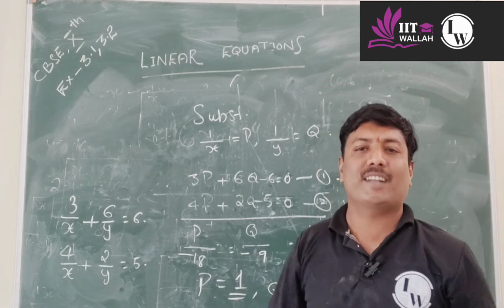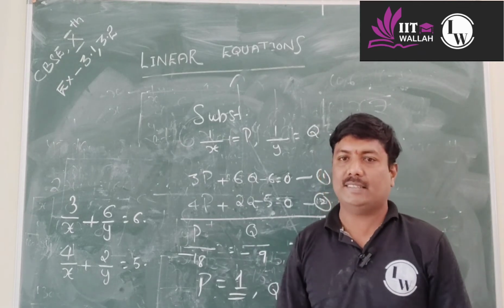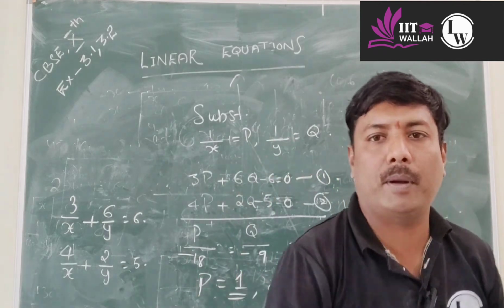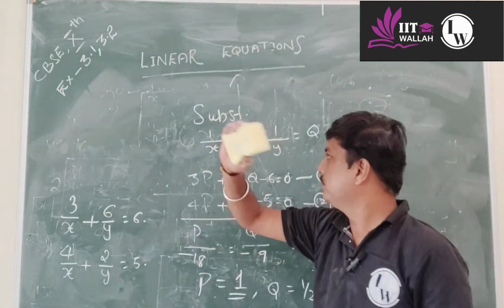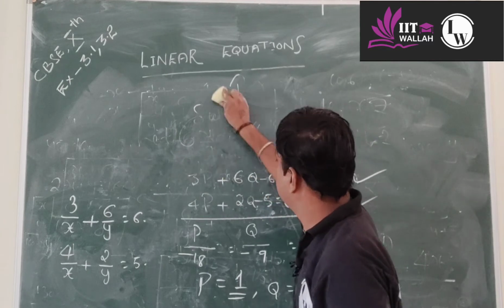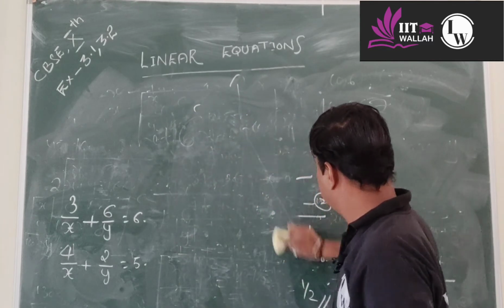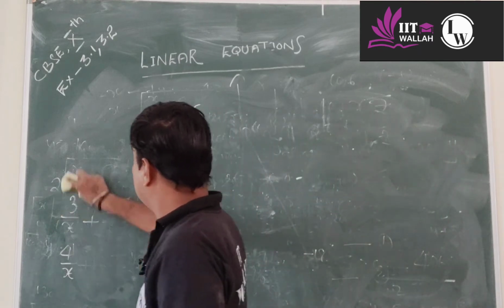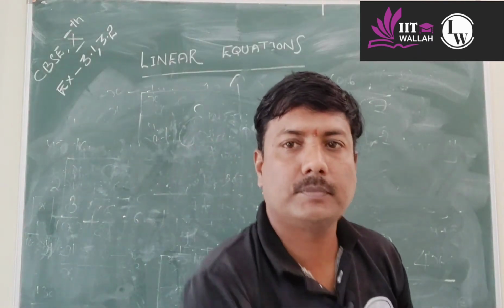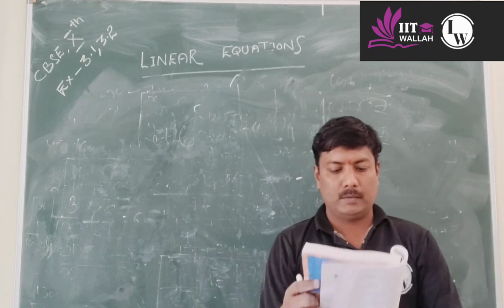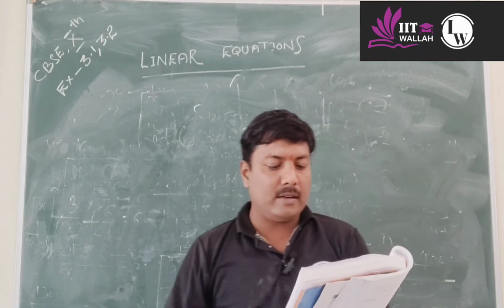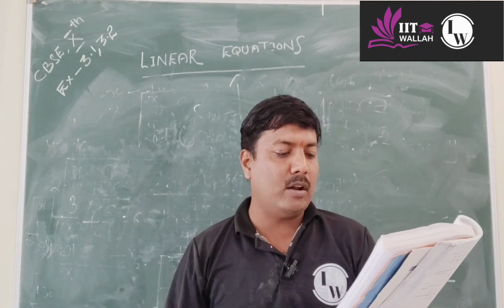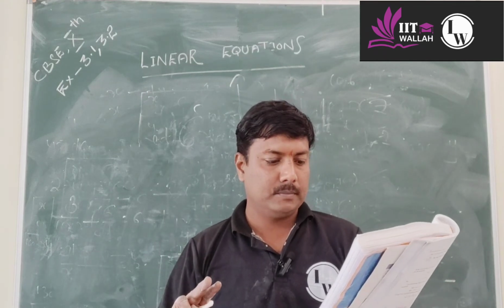Okay, some word problems remaining in the exercise 3.6, that also we will solve here. Ritu can row downstream 20 kilometers in 2 hours.